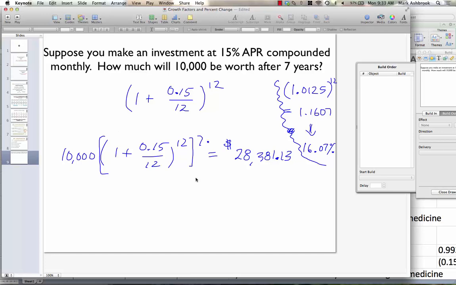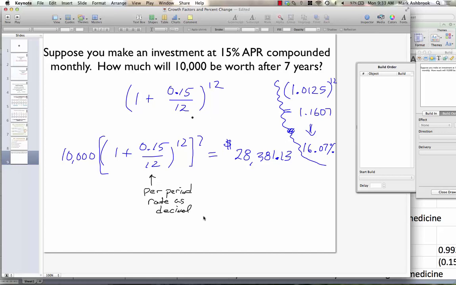Okay, so we just used the compound interest formula, but we did it all based on growth factors. So you may have not seen this before. So what is this right here? This is the per period rate as a decimal. And why do we add 1 to it?